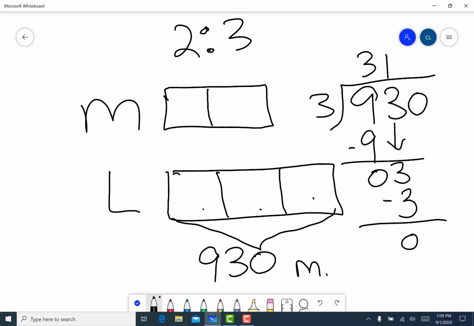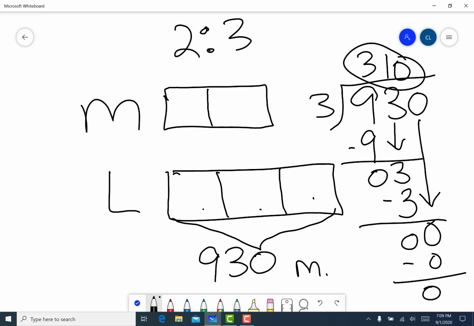Subtract that, we have 0. Bring down your 0. All right, 3 goes into 0 0 times. 0 times 3 is 0. And I'm left with no remainder, but I have my answer. So that means each one of these is equal to 310.